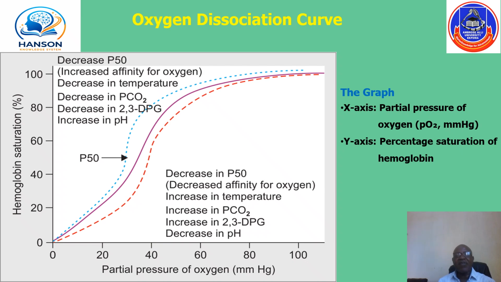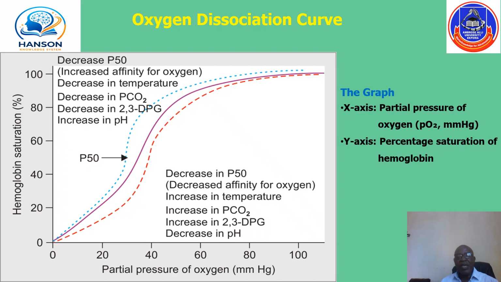Now from this graph, something is clear. For increased affinity for oxygen, there will be a decrease in temperature, a decrease in partial pressure of carbon dioxide, a decrease in 2,3-diphosphoglycerate, and an increase in pH.